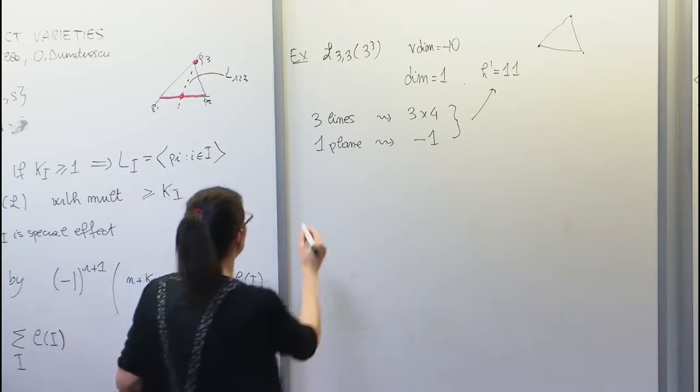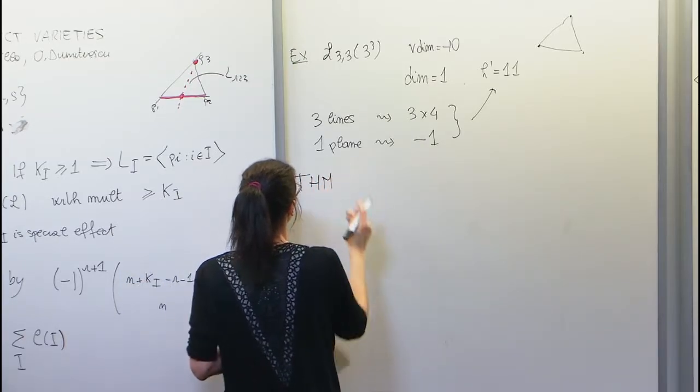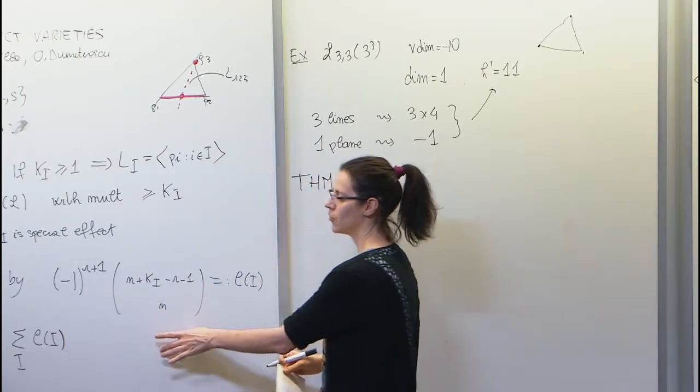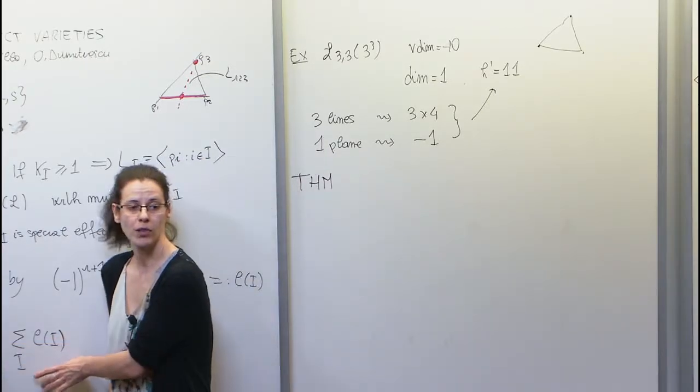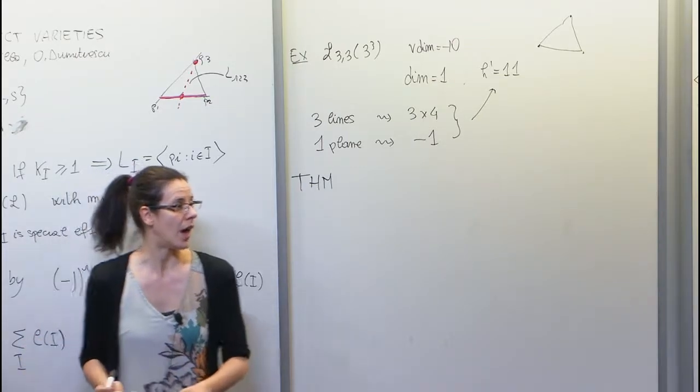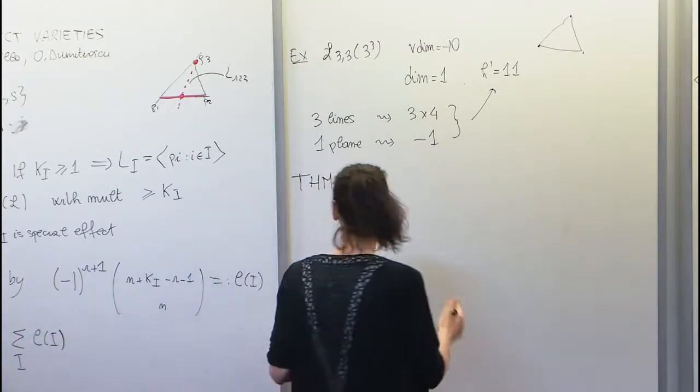Let me just briefly say, our theorem proves that this formula is actually true, so the dimension is equal to this. So all the special effects varieties are actually these linear cycles.